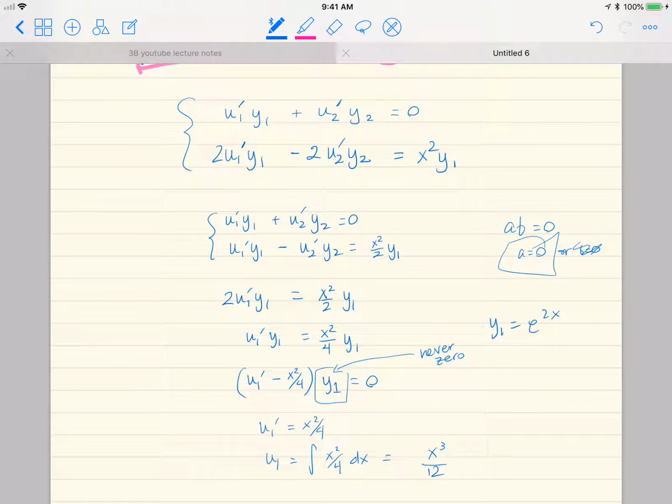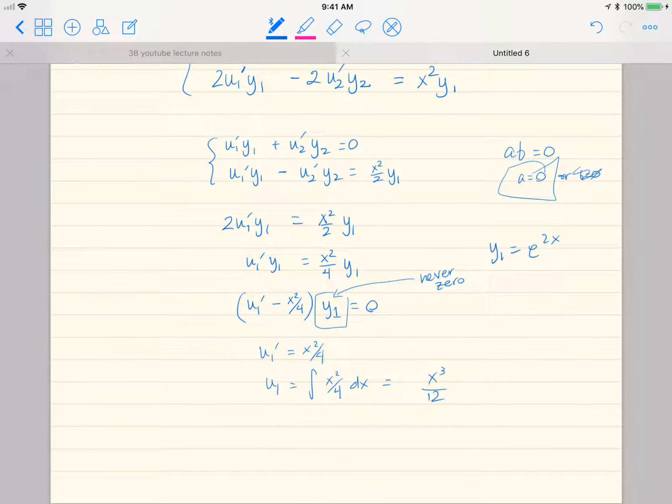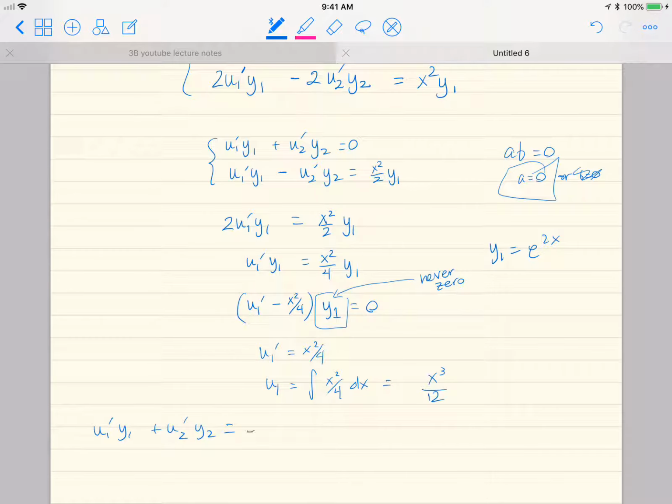And once we know u1 prime, we can go back and figure out u2 prime, because u1 prime y1 plus u2 prime y2 equals 0. So if u1 prime is equal to x squared over 4, we'll have x squared y1 over 4 plus u2 prime y2.